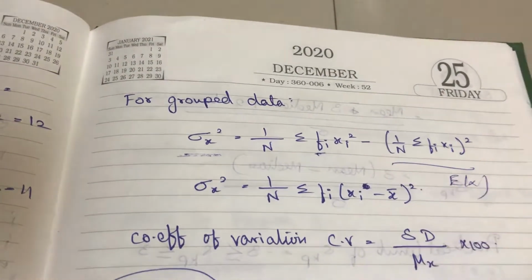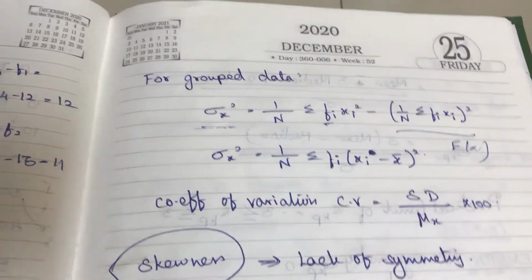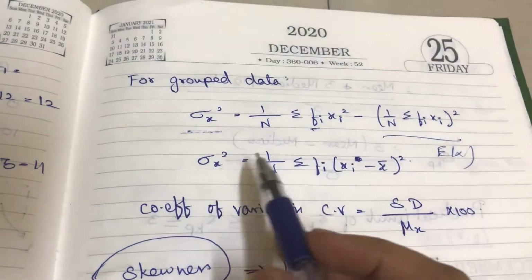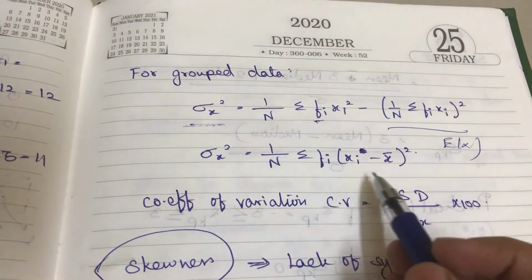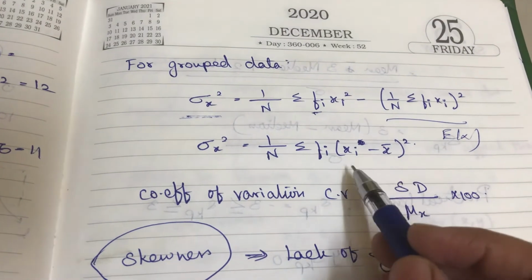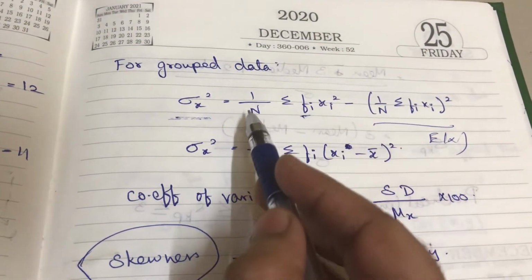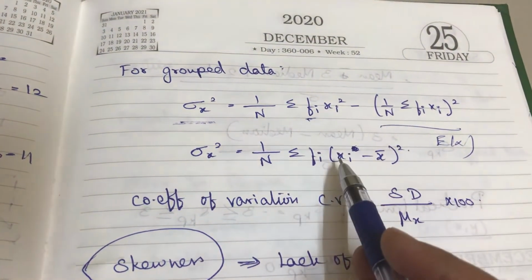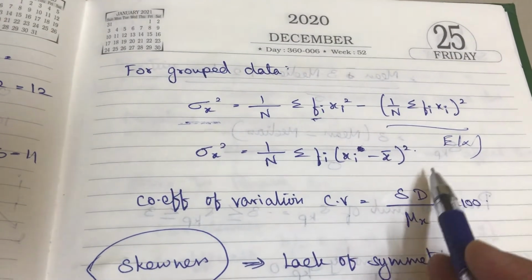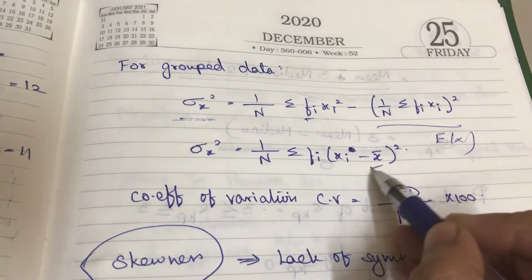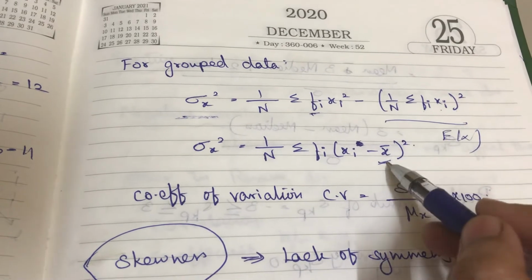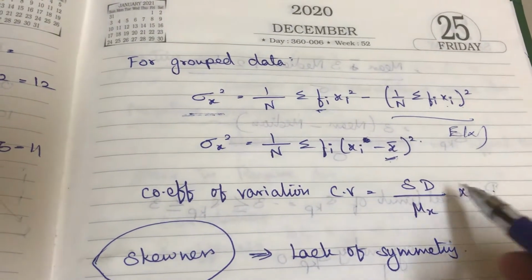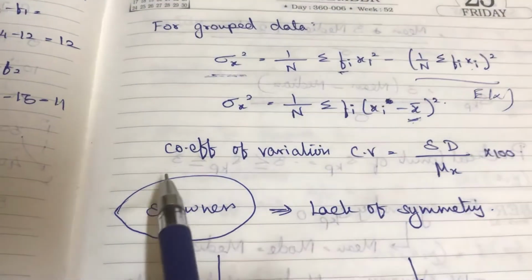Okay, so E of x the whole square. So we will write this one like this: 1 by n summation of fi into xi minus mean, the whole square. Fi into xi will be x bar, right? So x bar, so whole square.